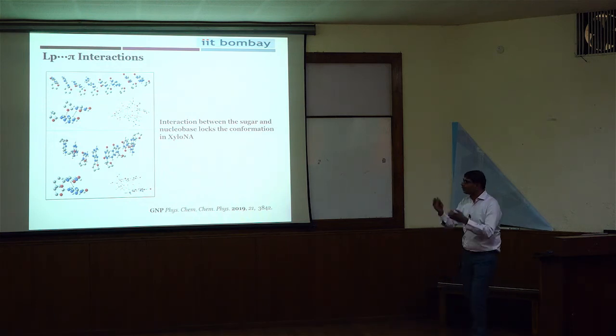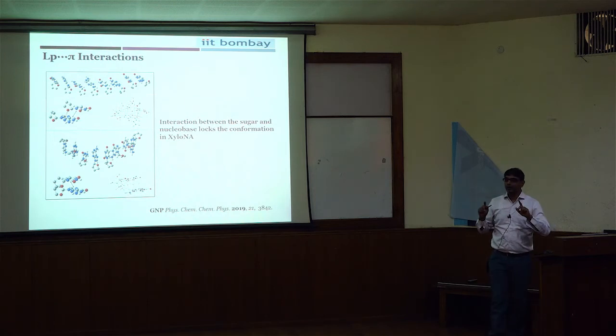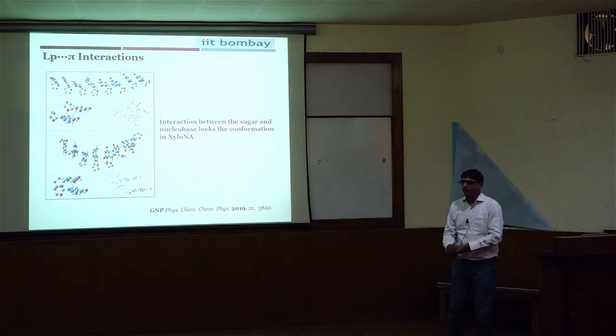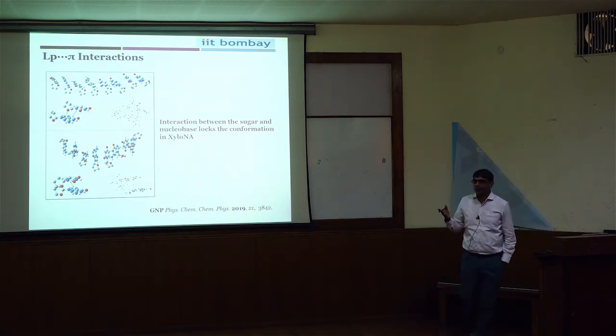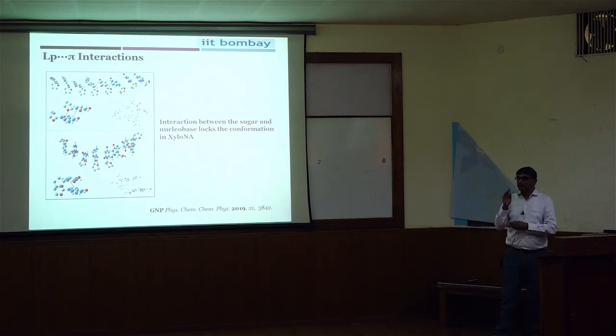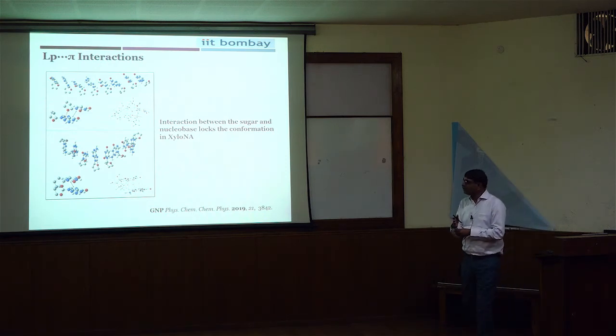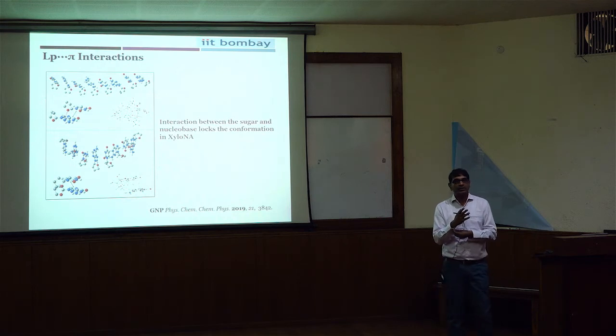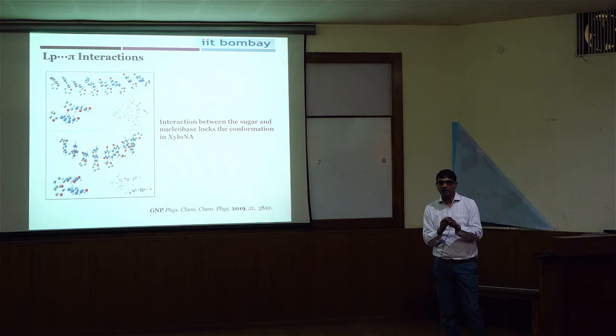Okay. But I would prefer to call it lone pair pi because I do not want to get into any of this controversy. I am not going to look at what is the orbital contribution. Okay. But in the same structure in ribose, that does not happen. So in the case of xylose, this interaction kind of locks the conformational flexibility that ribose has and xylose does not.